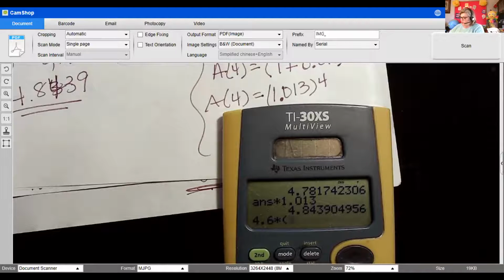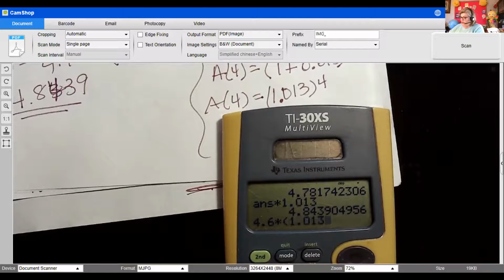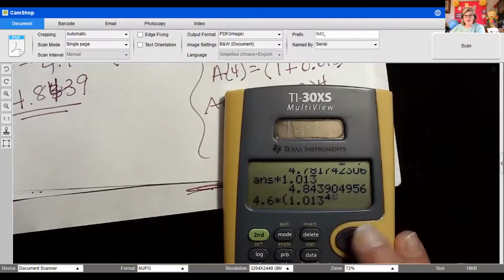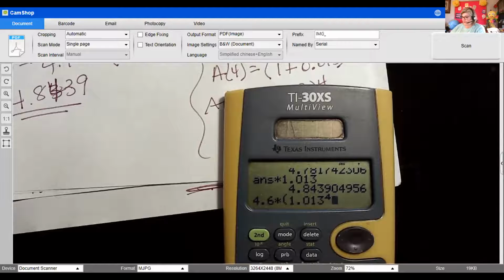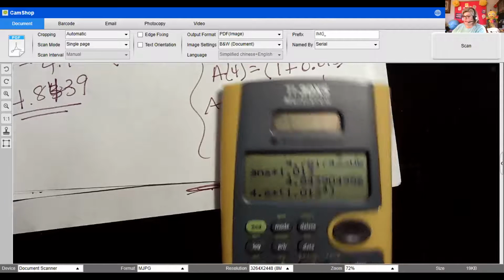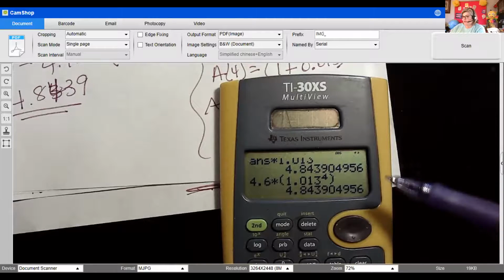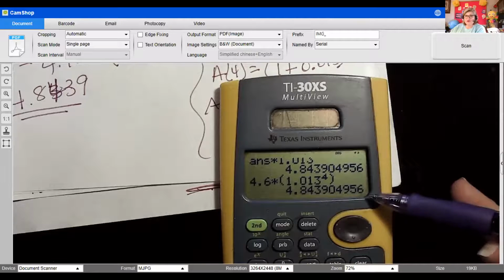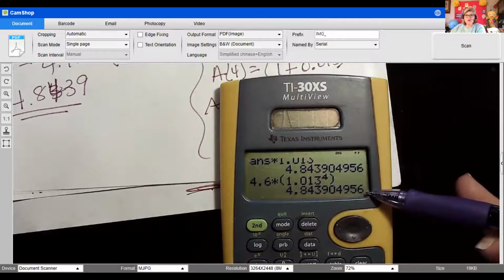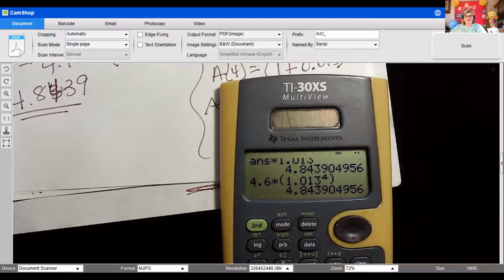So we have 1.013 raised to the 4. Then I'm going to arrow over to get out of the exponent, close parentheses, equals. Look at that, the exact same number from going step by step or doing the one step.